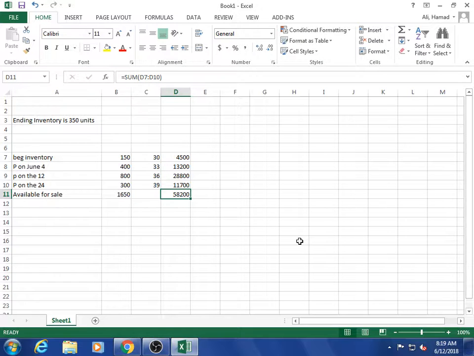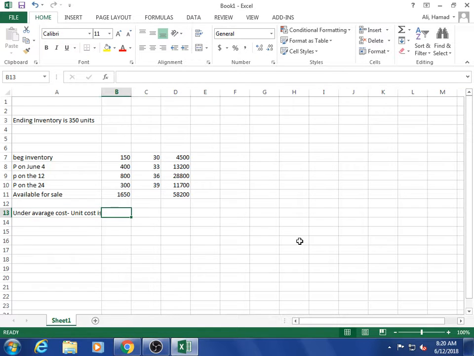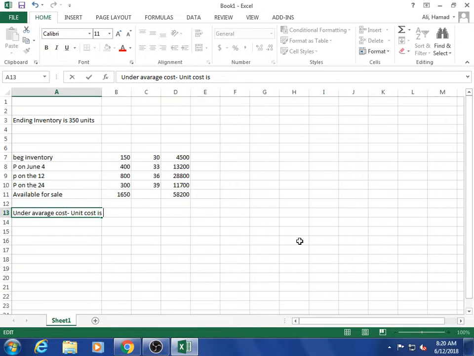Under average cost, unit cost is 58,200 divided by 1,650, and that gives us 35.27. That's the average cost per unit.